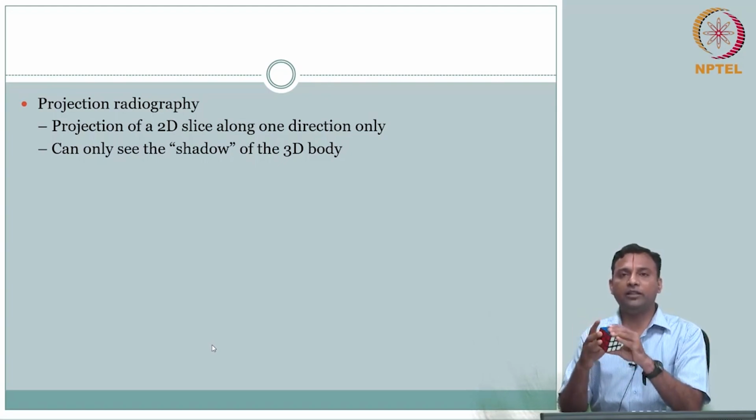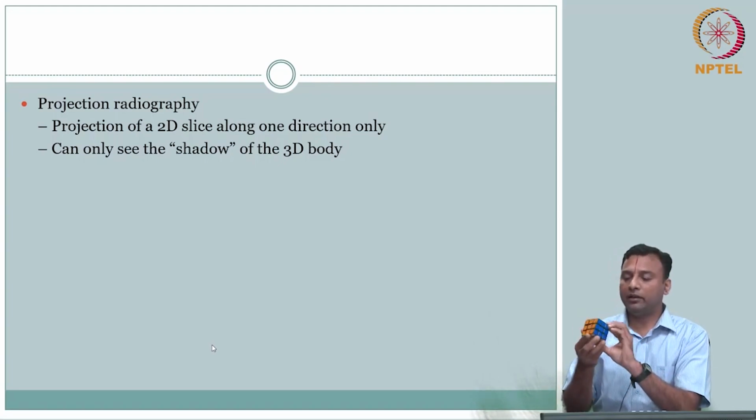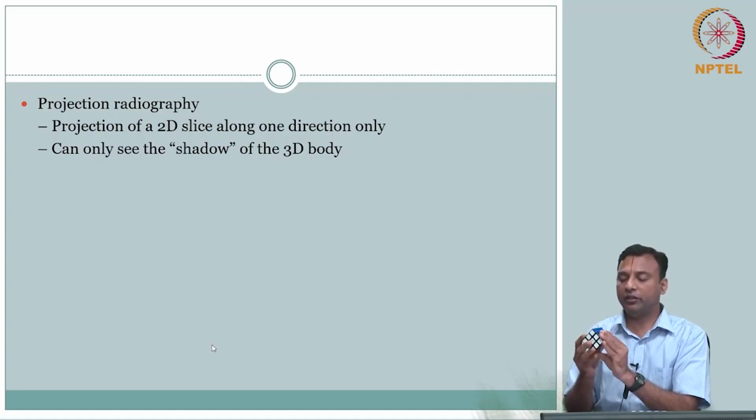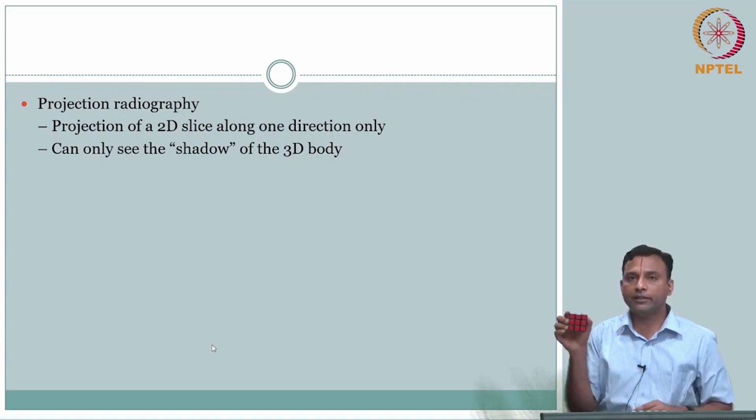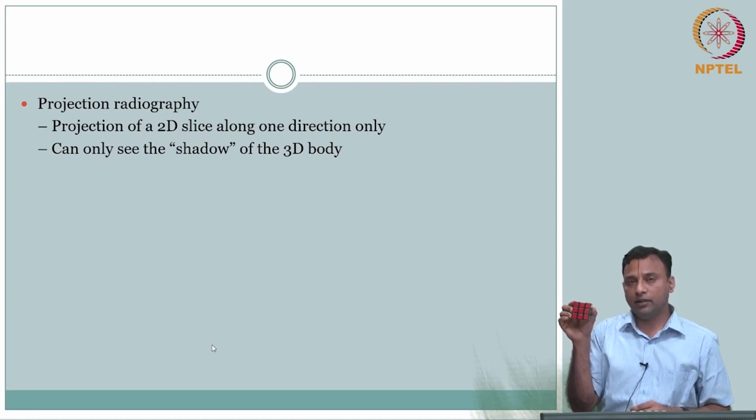So optically you see it's a 3D thing, but what we were doing in projection radiography is, say for example, if I showed you like this, right? If I showed you like that, you will not know whether this is 3D, you only saw the projection of this.